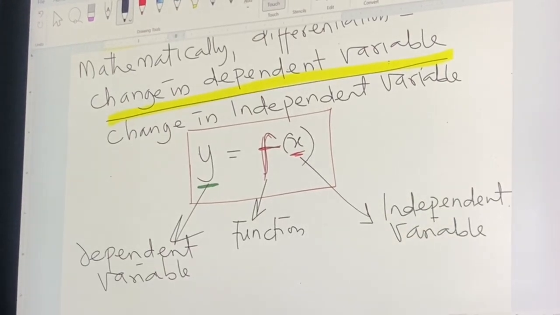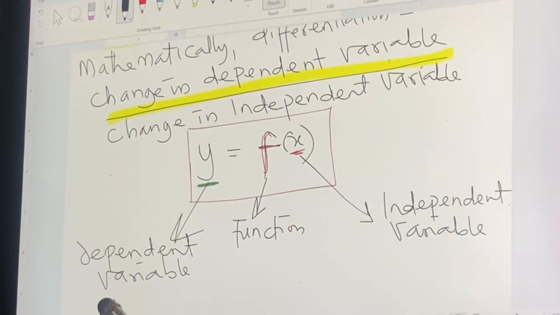Please take note. y is the dependent letter. The f there is a function, while s is the independent letter. Please don't be confused here. Whenever you are given an equation or a function and you want to identify the dependent letter, the subject letter is dependent, while the letter that is not the subject is an independent variable.